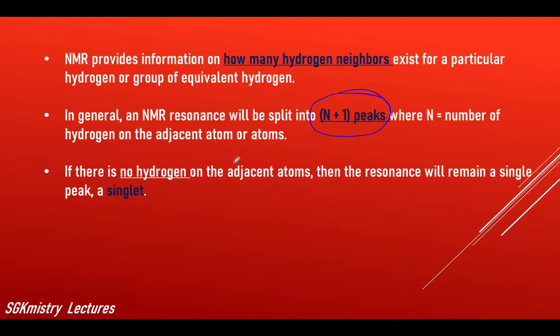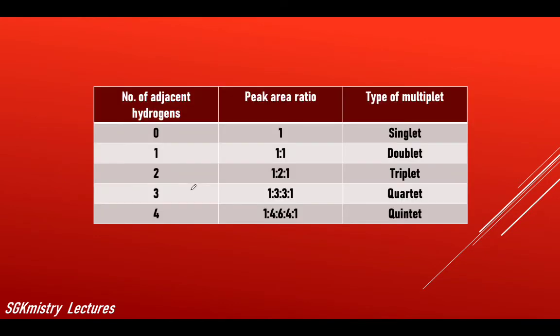Suppose if the neighboring hydrogen is 3, then the particular signal will split into 3 plus 1, that is 4 peaks. If there is no neighboring hydrogen at all, then there is no splitting. So in that case, the signal will be in the form of a singlet. Singlet in the sense there will be no splitting, it will be a single peak.